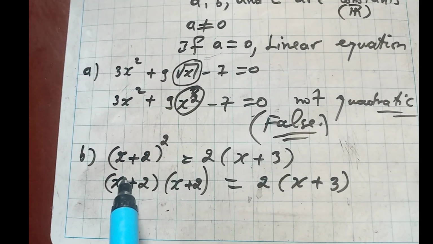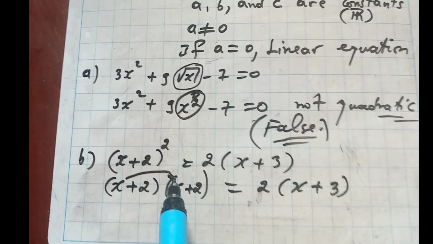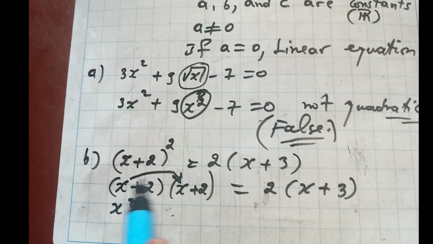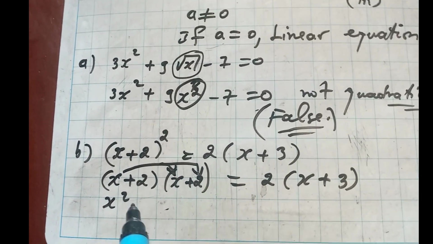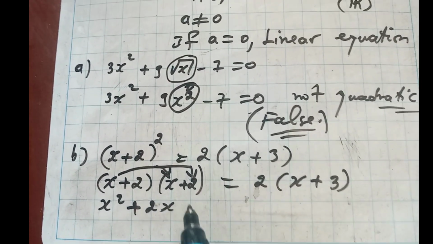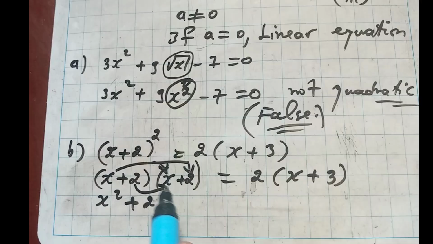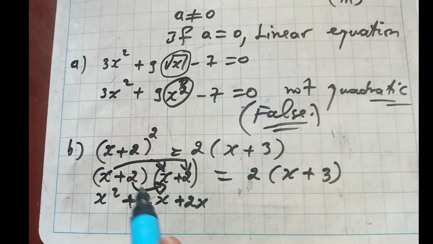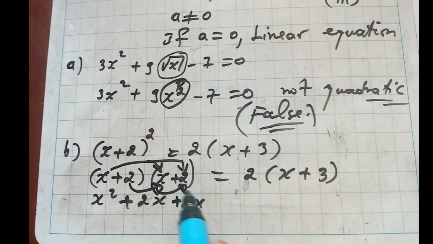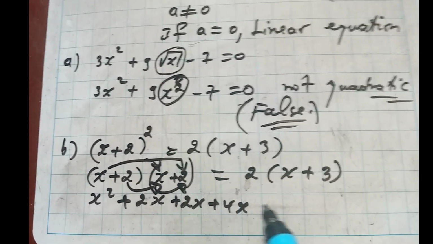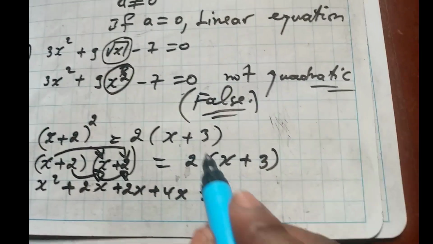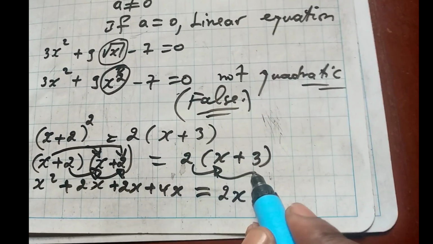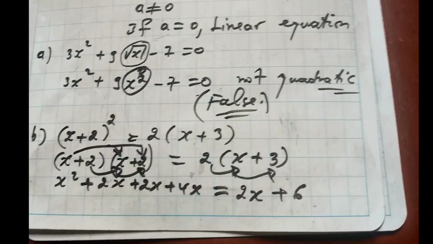You see, this x is going to multiply this x to have x squared. This x also is going to multiply this 2 to have plus 2x. This 2 times this x will be plus 2x. Then this 2 times this 2 will be plus 4, which is equal to 2 times this x, 2x, then 2 times this 3 will be plus 6.